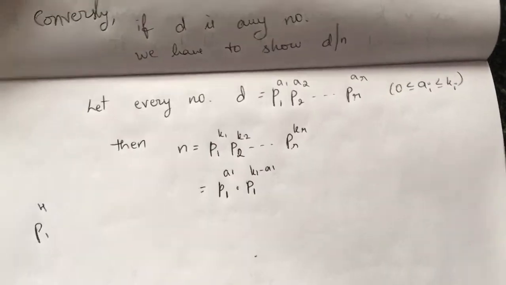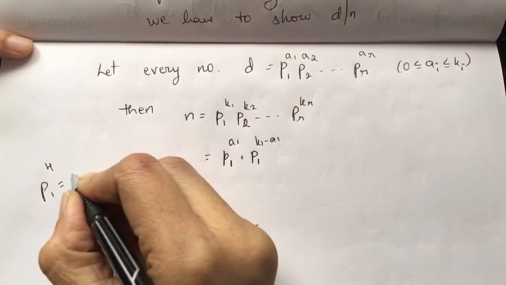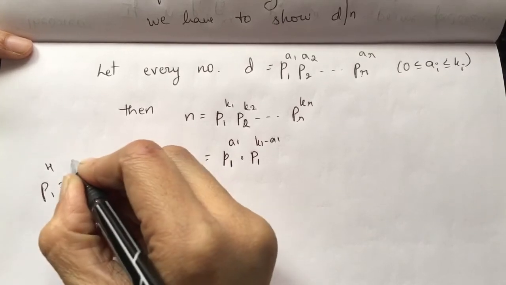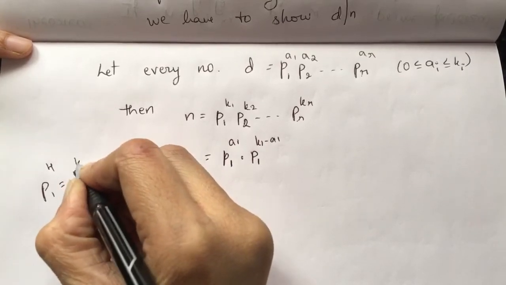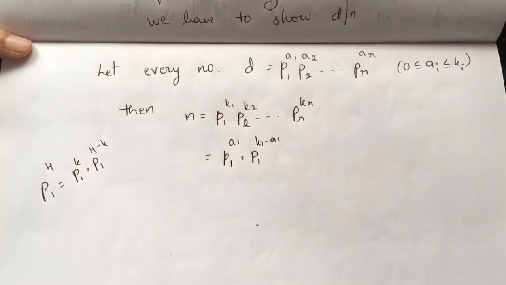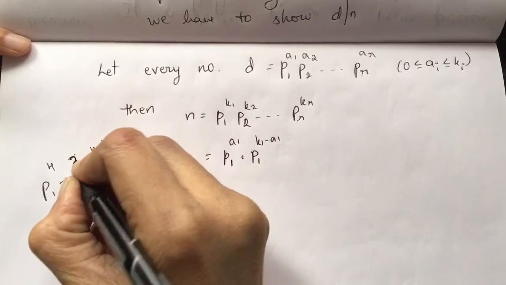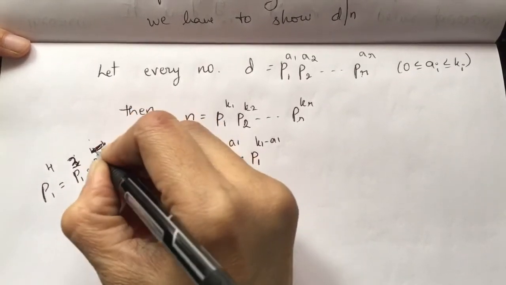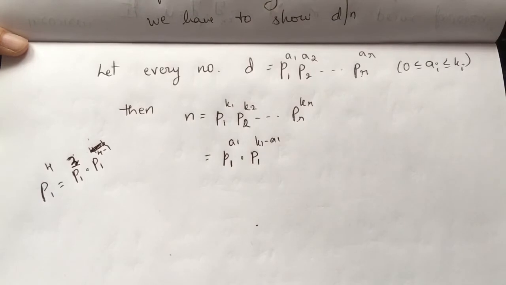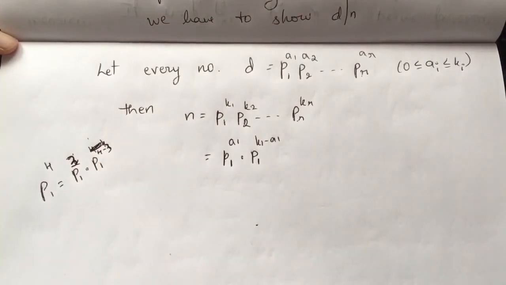Suppose p1 is of power 4. This I can write as p1 power k into p1 power 4 minus k. Or if you want, say 3, p1 power 3 into p1 power 4 minus 1.